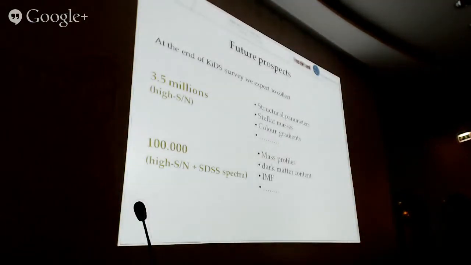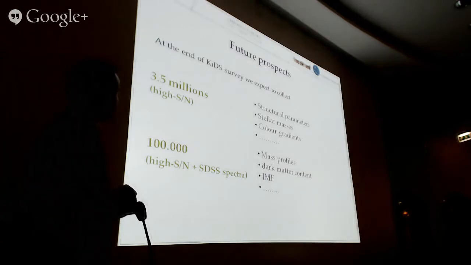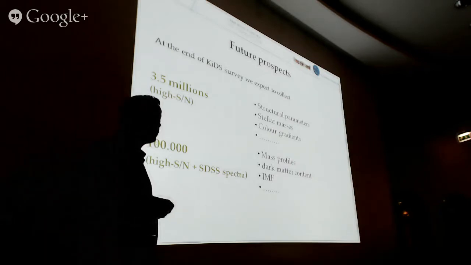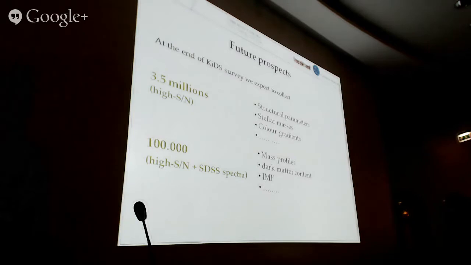This is the last slide, just to say that at the end of our survey we are going to have a sample consisting of 3.5 million galaxies with high signal-to-noise ratio, for which we are going to analyze structural parameters, stellar mass, color gradient, and so on.